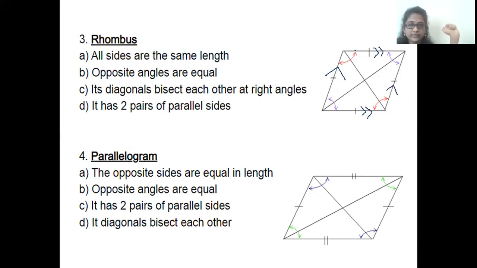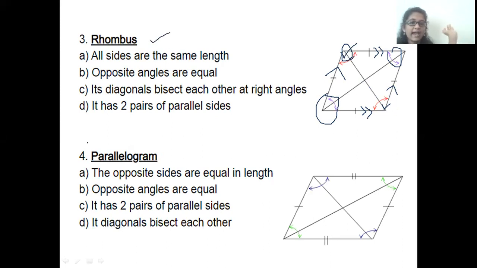And also the diagonally opposite angles are equal. So here these two angles are equal to each other. And likewise these two angles are equal to each other. Okay. And also in a rhombus we can draw a diagonal line from these two corners, and they bisect each other here. Okay, so these are the common properties or special characters that we can find in a rhombus.